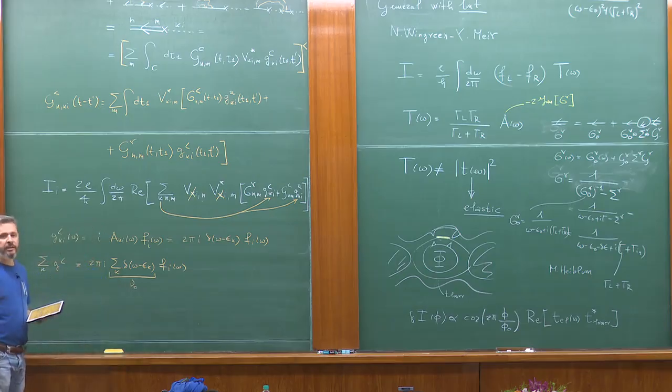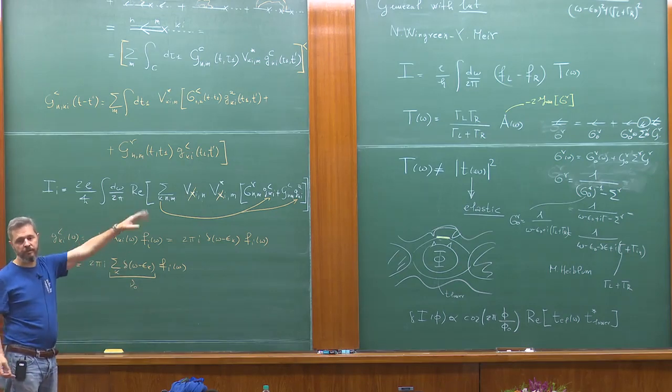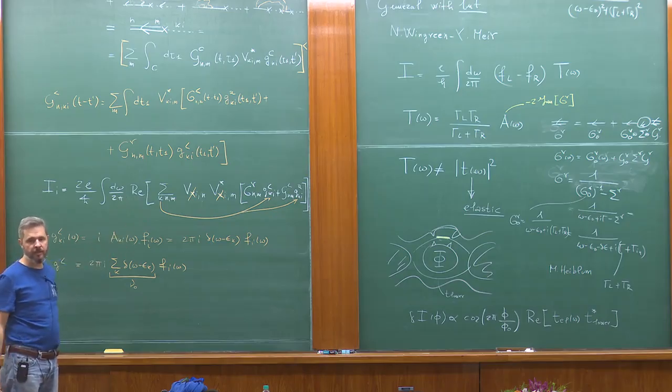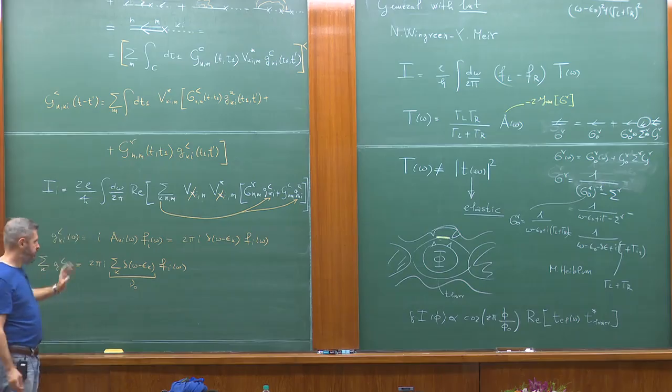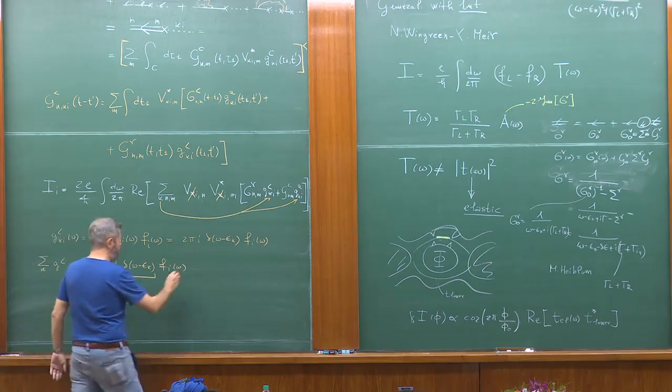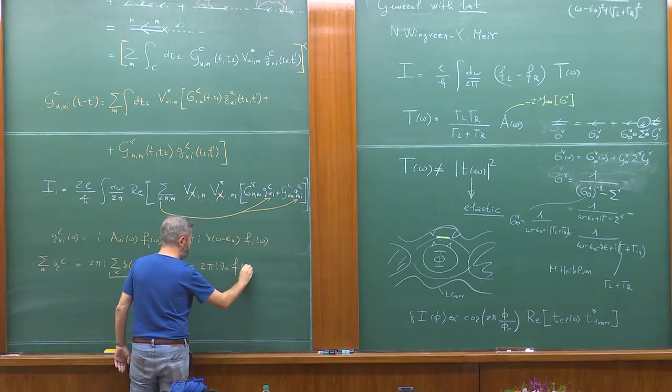In principle the density of states depends on omega, but let me assume it's frequency independent, just for simplicity. In real life, it is frequency independent if the velocity of your particles is constant as a function of energy, for example with a linear dispersion, which is the case close to the Fermi energy in one dimension. So this is going to be 2 pi times the density of states times f I of omega.